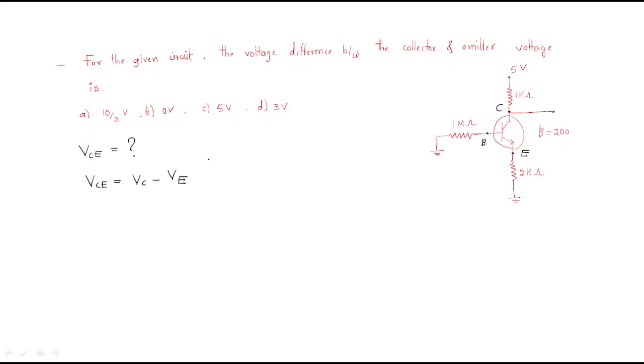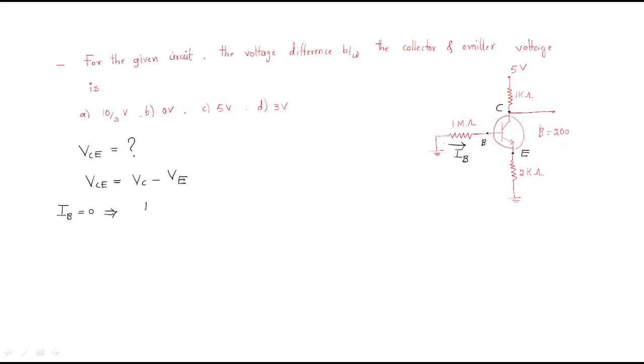So for that purpose, we need to calculate the base current and the collector current. Look here, the base is connected to ground, that means the base current is 0. Here we can write the base current IB is 0.